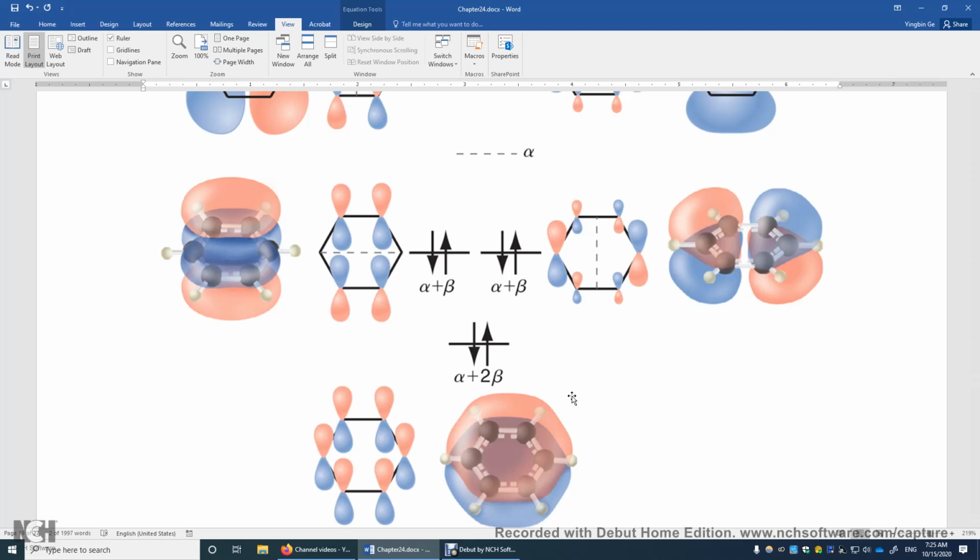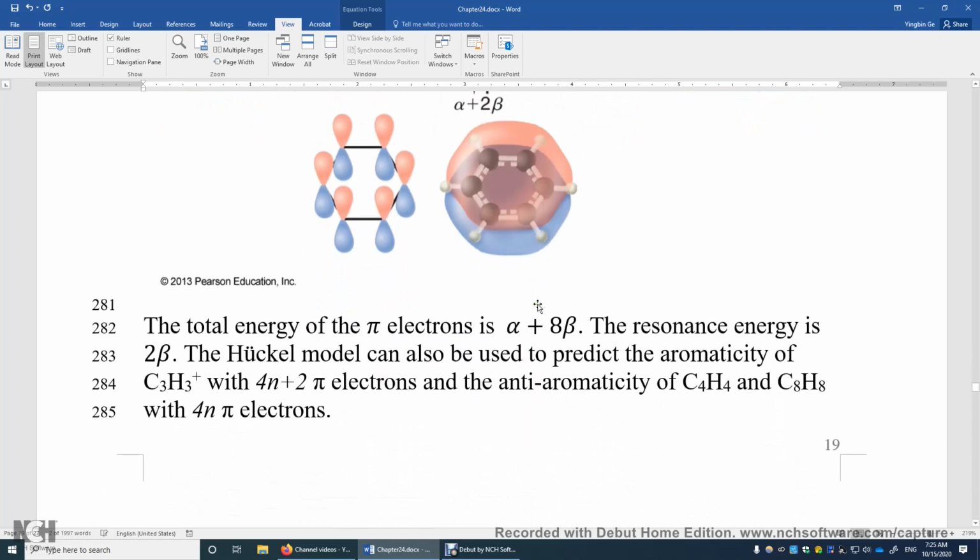When you have 10 electrons, it's aromatic. When you have only 2 electrons, it's aromatic. But when you have 4 electrons, when you have 8 electrons, it's anti-aromatic. So these molecules tend to distort their planar structure to remove this anti-aromaticity, to further reduce their energy.